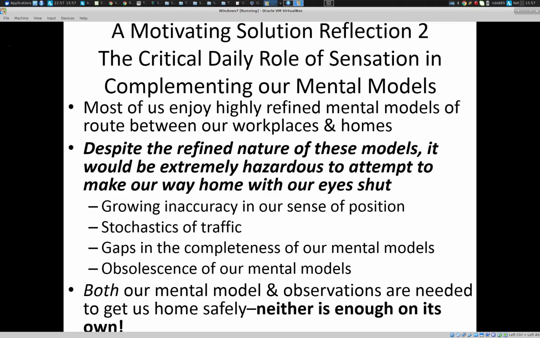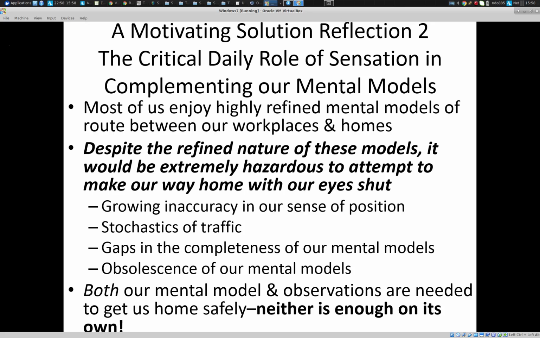We constantly get new understanding about where we're at. So even if we know by heart every single stop on that bus to our home, every single turn in the street and on the sidewalk to get home, to try to do so without observing along the way would be a fit of madness.